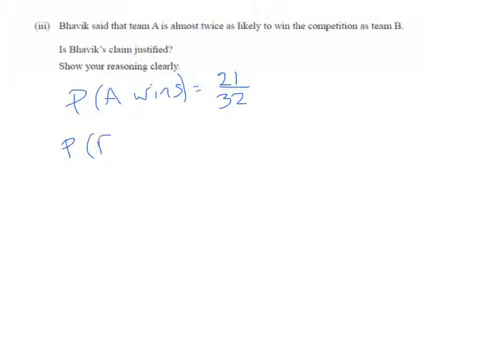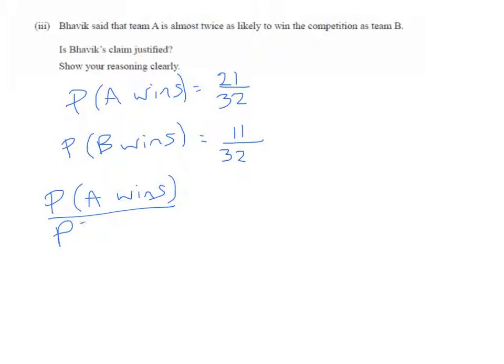The probability that B wins is 11 out of 32. So the probability that A wins divided by the probability that B wins is just 21 divided by 11, which is 1.91.